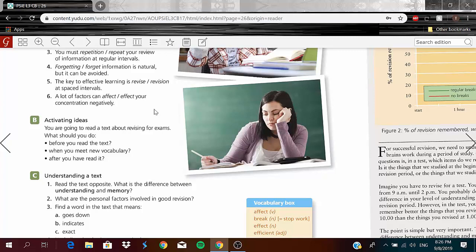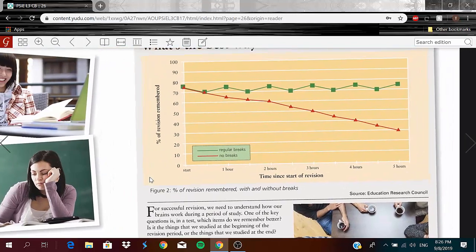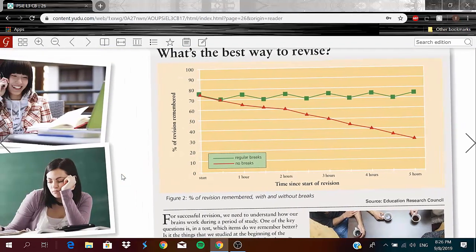So for me, I'd say before you read the text, I want you to look at illustrations, look at the title. Let me actually so you guys can get a better look here. So look at illustrations, look at titles or a title, look at the introduction, the first paragraph. That's also really important. You could also highlight the topic sentences of the other paragraphs if you feel the need to.